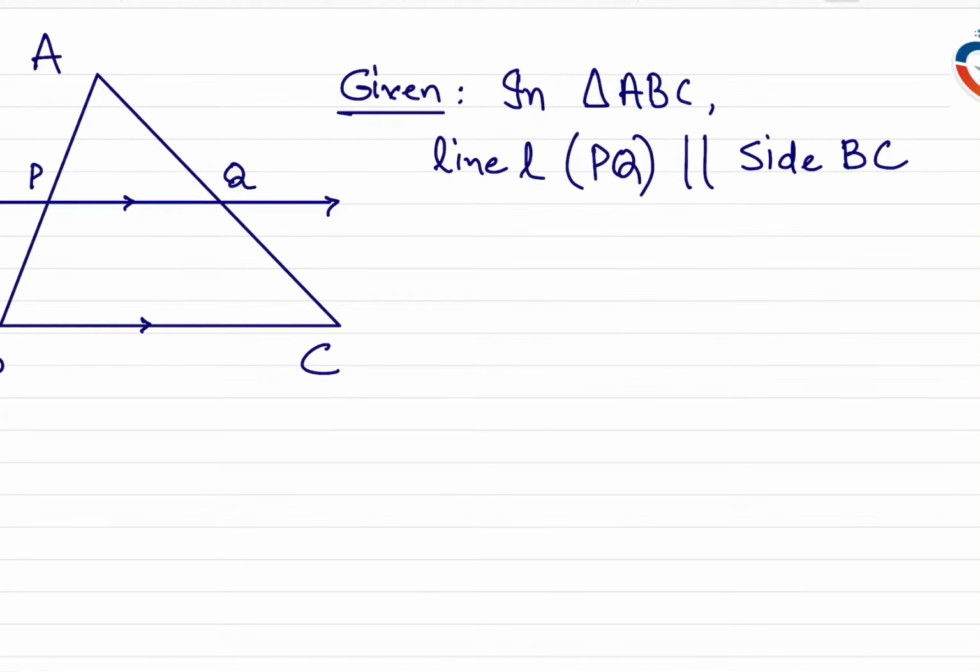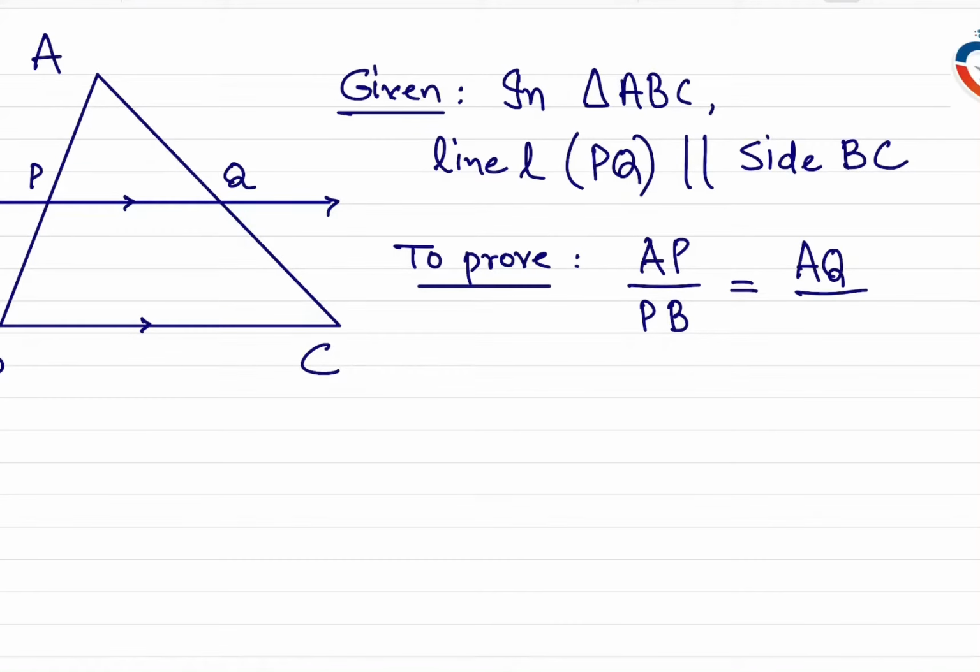We have to prove that if the line is parallel, then it divides the other two sides in the same ratio. So you have to prove AP upon PB is equal to AQ upon QC.